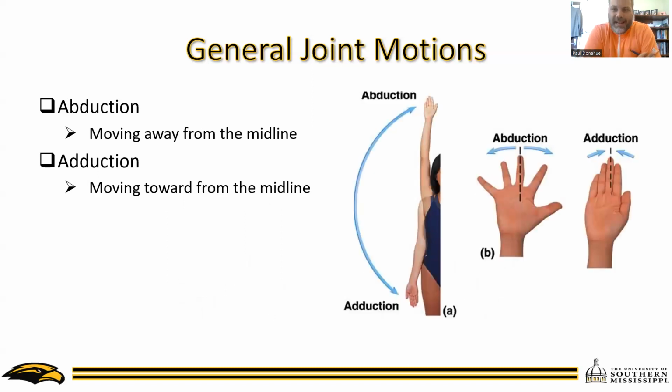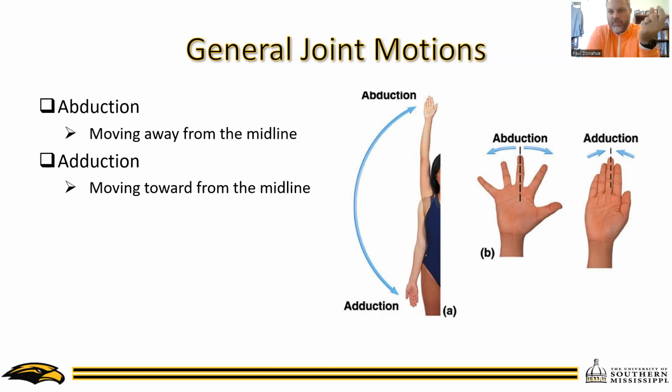So our next set of joint motions, and these are associated with the frontal plane, cutting us front to back or anterior, posterior, are abduction and adduction. And so these can get confused quite often, especially when we're first learning these.